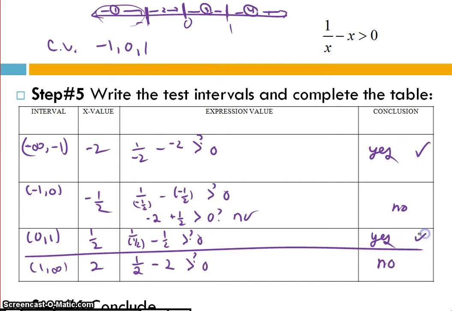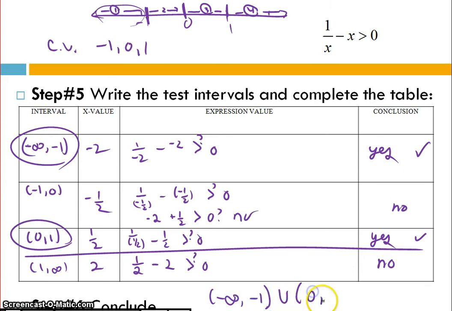So we have 2 places, so our answer is minus infinity to minus 1 round bracket, union 0 to 1 round bracket. And double check your brackets. At 0, it cannot equal, and the square bracket indicates it can equal, so you need to make sure you do have the round brackets at 0. For the other critical values, from your x-intercepts, you look at your sign.